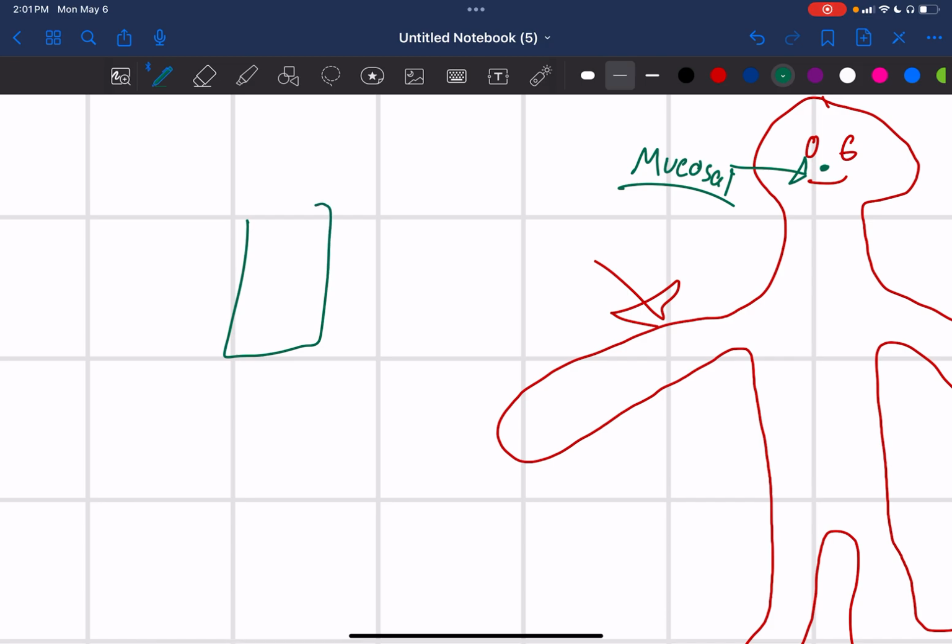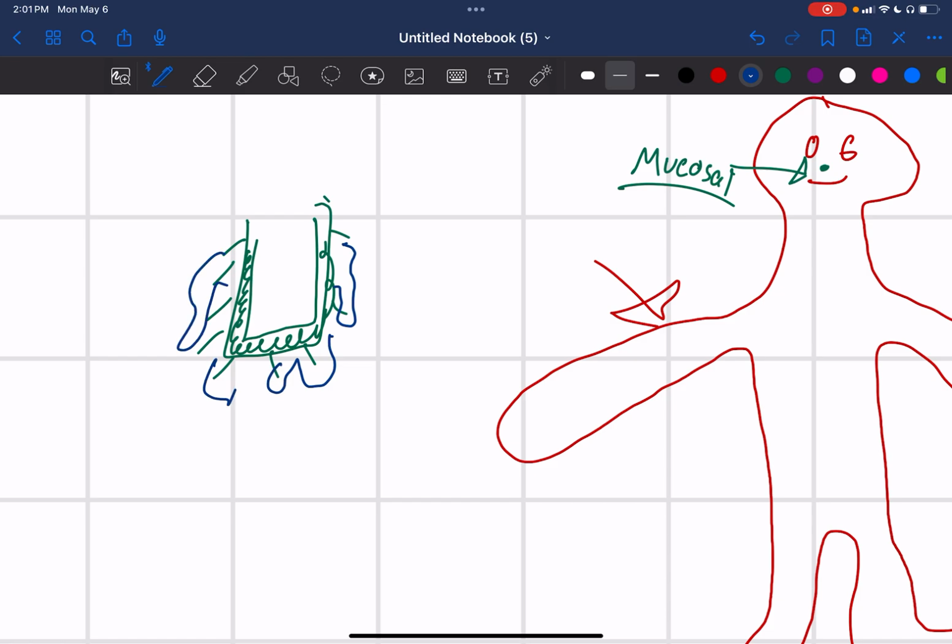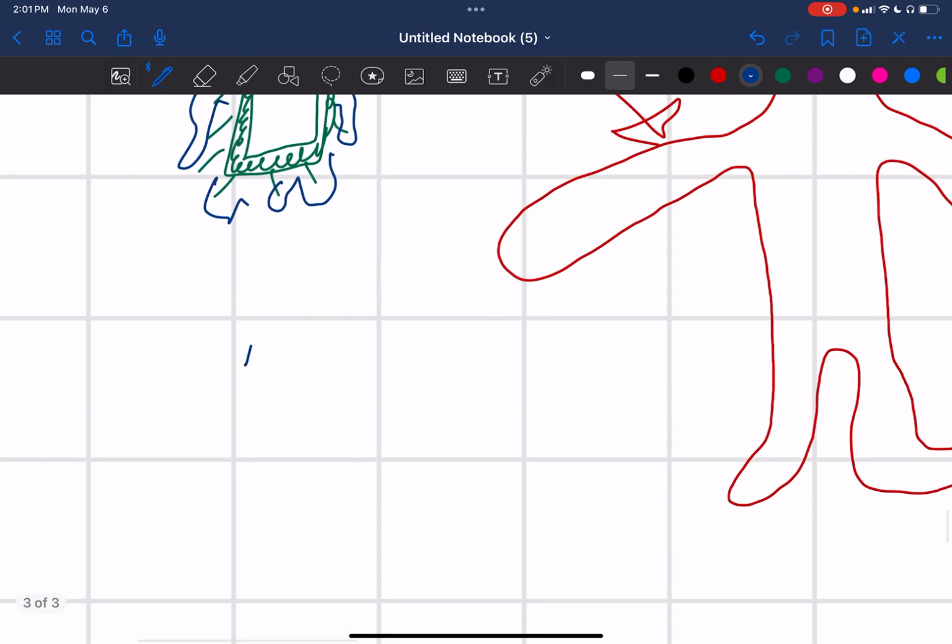So let's say this is your nose lining, and this is the epithelia, the nose lining on the outside. Those are your hairs, right? The hairs essentially help create all these different types of mucus. It wants to secrete mucus because whenever you breathe in air, sometimes that air comes with pathogens.